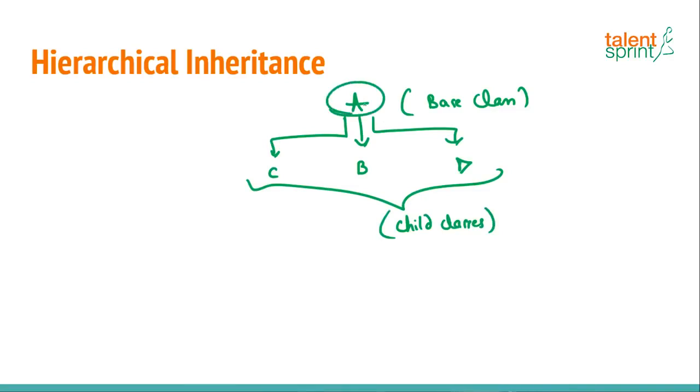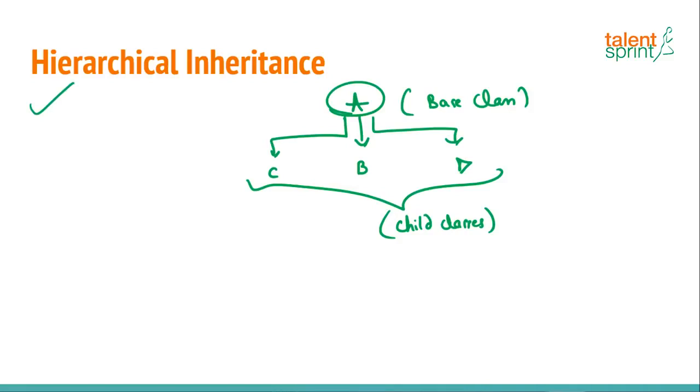Say C extends A, then there is another class B that also extends A, then there is one more class D extending A. When there are multiple classes extending or implementing the same base class, that is known as hierarchical inheritance.